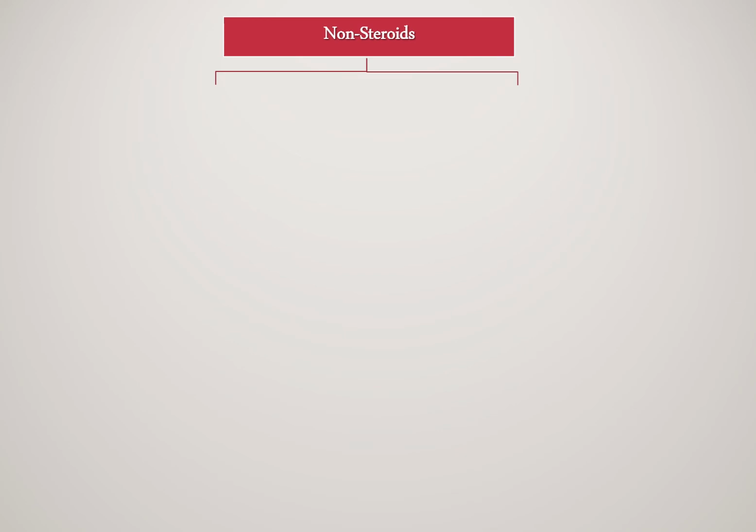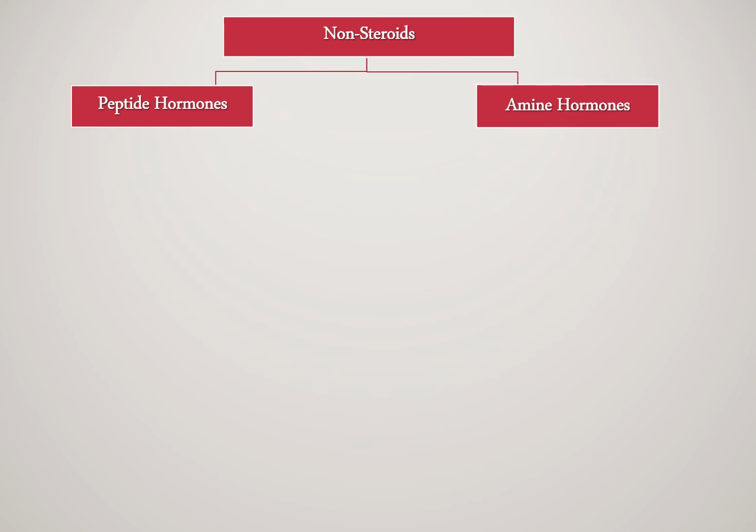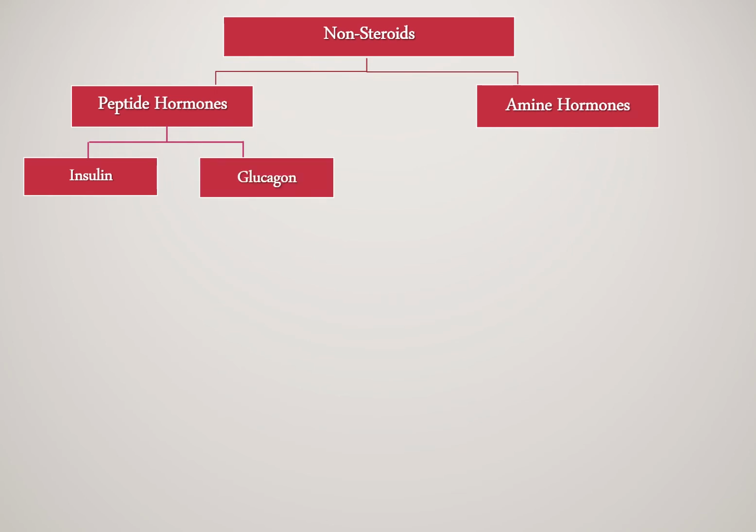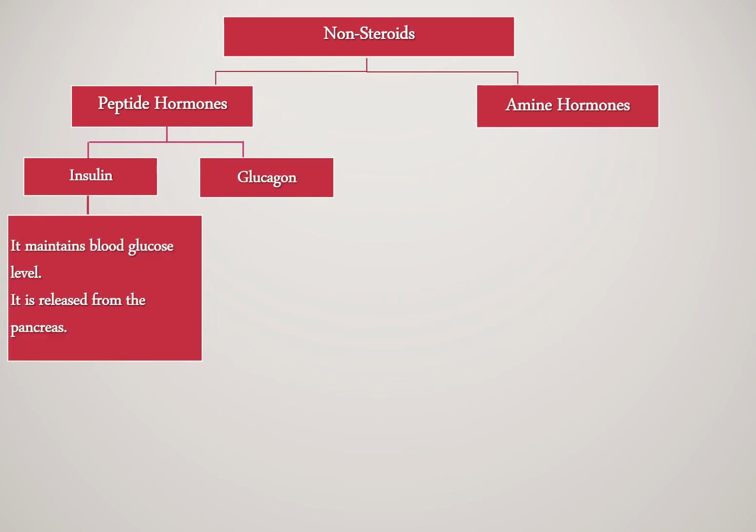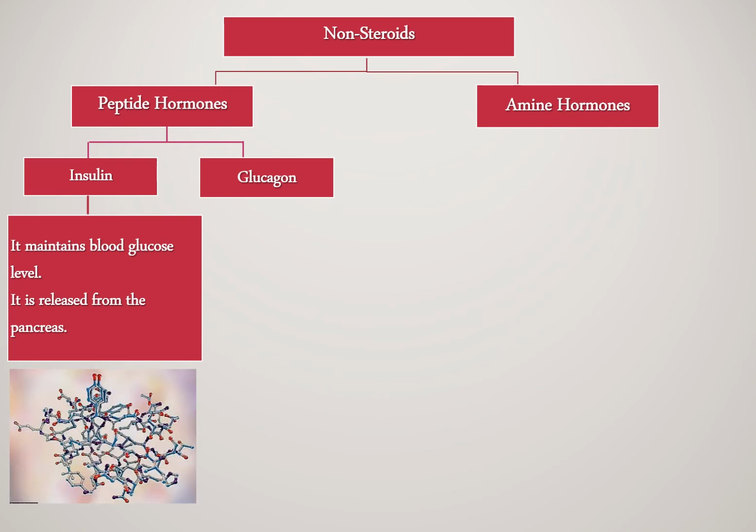Let us now proceed towards the non-steroids. The non-steroids are of two types, the peptide hormones and the amine hormones. Peptide hormones contain polypeptides, which are of two types, insulin and glucagon. Insulin, as you all know, is secreted by the beta cells of the pancreas.